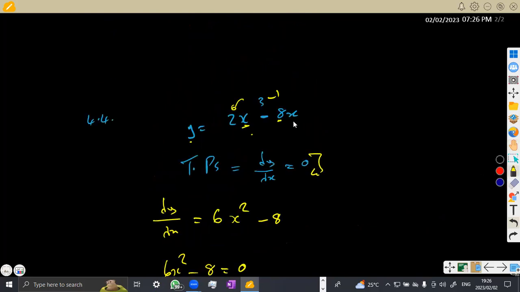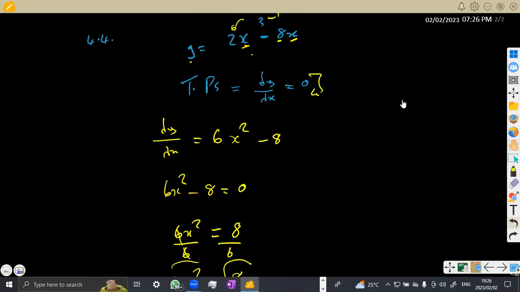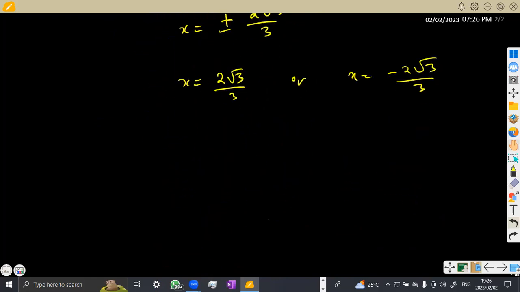So in place of x, you substitute that value. Okay, so that's how you're going to obtain these turning points.